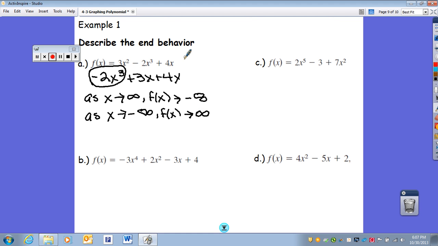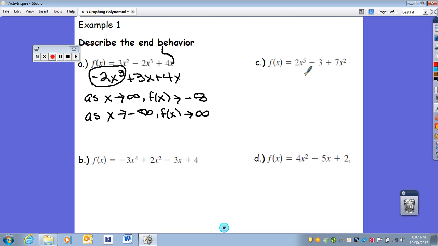Remember, this is a cubic function, and we have our negative leading coefficient. So the general shape of that is the one that looked kind of like this. So you can see that happening.